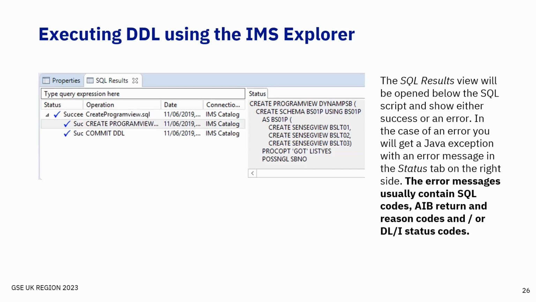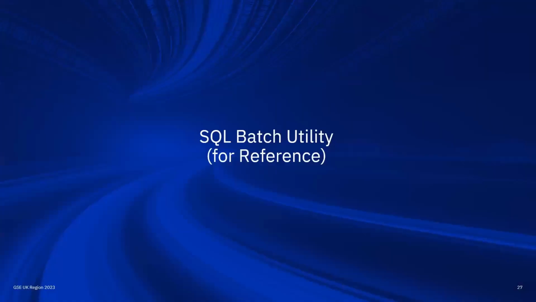If there are any error messages, they usually contain SQL codes or AIB return codes and reason codes, and DLI status codes also. So this is, again, just for completeness's sake, I left that in there. This is a way to submit DDL through IMS Explorer for development, right?